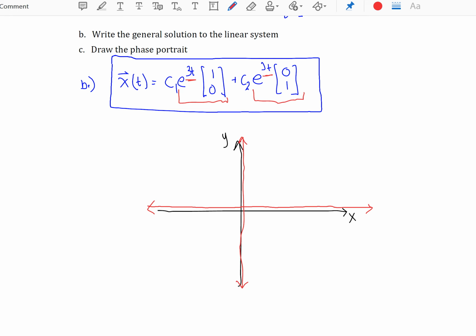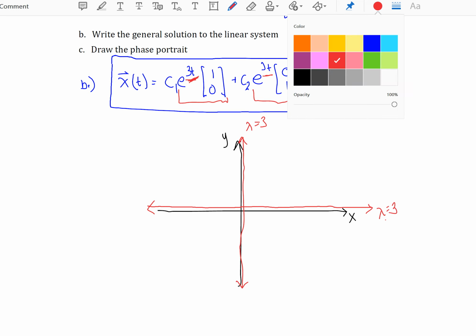Also notice that these two vectors have the same eigenvalues, which means if you're thinking in terms of vectors moving in the plane, neither of these has a stronger pull than the other.